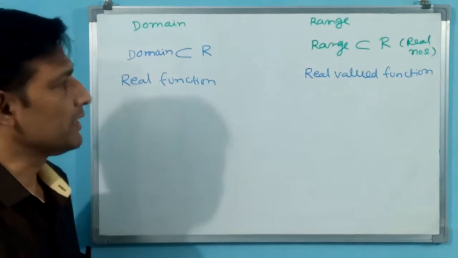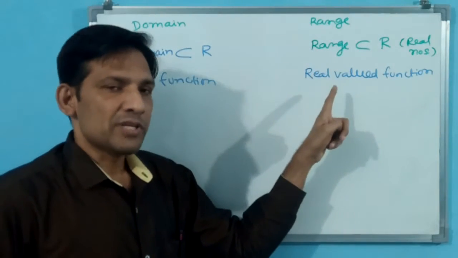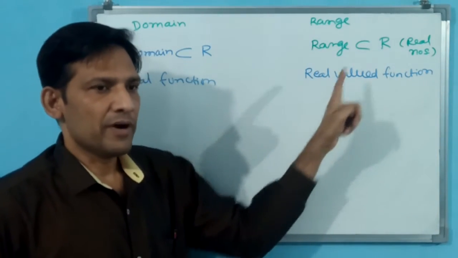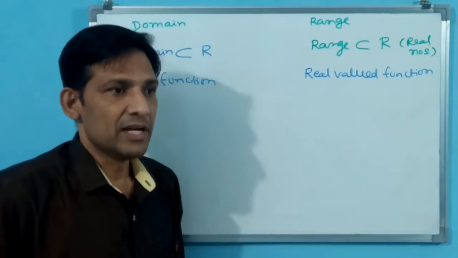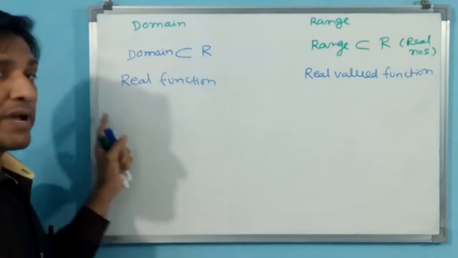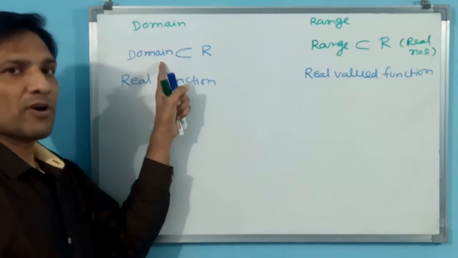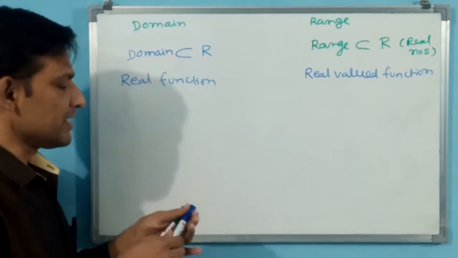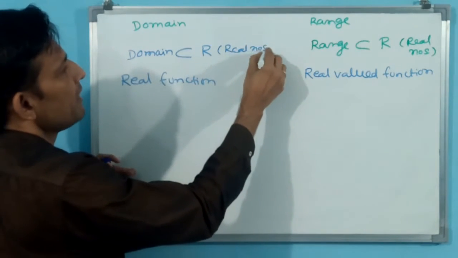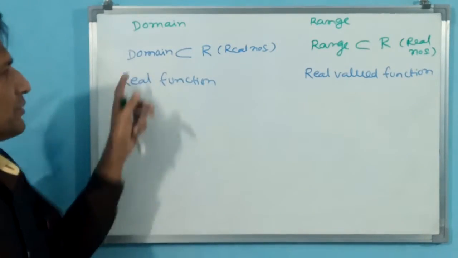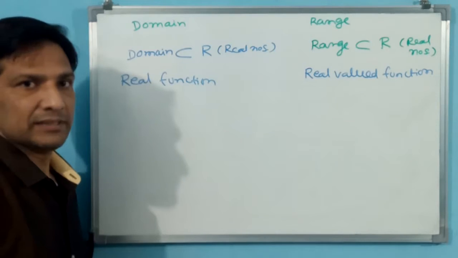If the range is a subset of real numbers, that function is called a real valued function. But if domain and range both are subsets of real numbers, then that function is going to be called as real function.